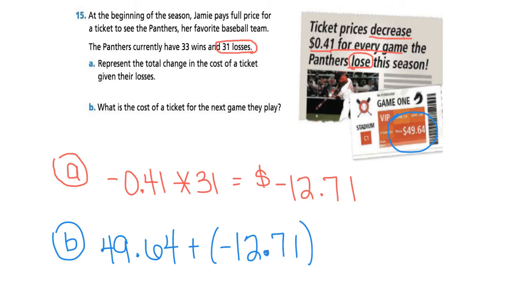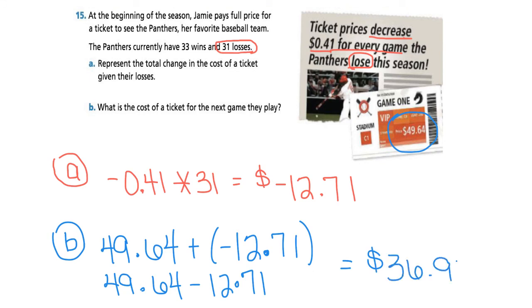Now, I'm sure you're asking, Miss Long, could I just have subtracted there? Absolutely. But if you were going to subtract it, make sure you remember that your subtraction sign is the negative sign on your number. Either way you do this problem, the new ticket price is going to be $36.93.